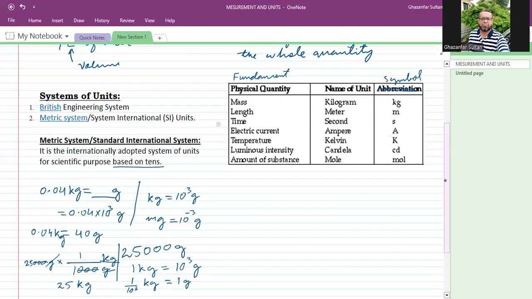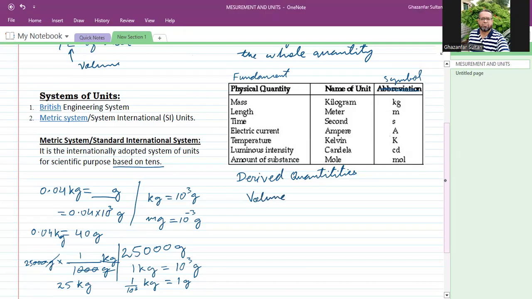So these are the fundamental quantities, and you can see these have a single unit. But there are some derived quantities, because these are derived from the fundamental quantities. So what are derived quantities? For example, volume.